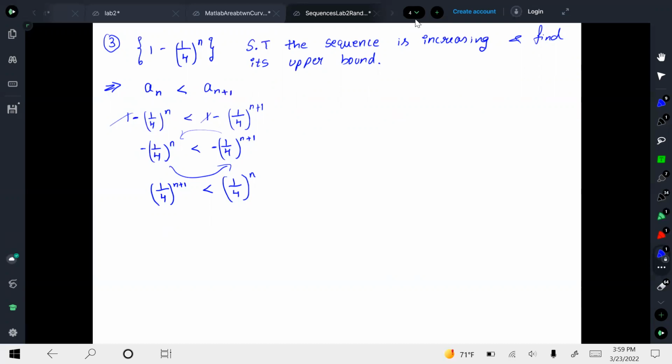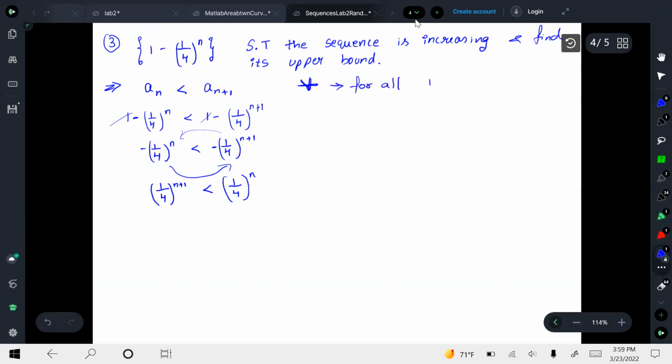And this is true for all positive n. The symbol which I wrote now is called for all. And this is true, right?